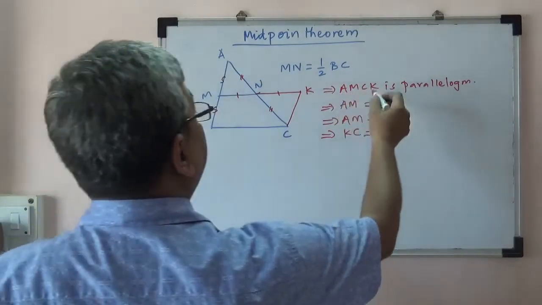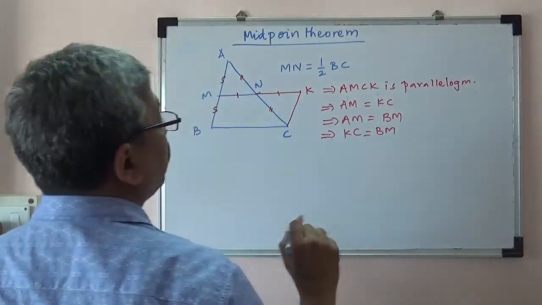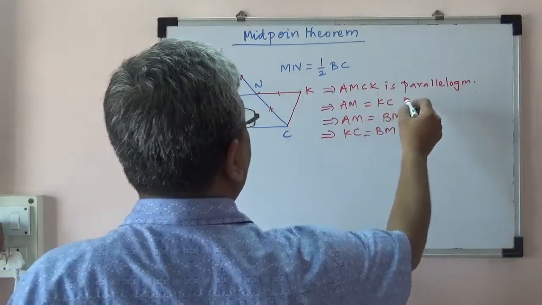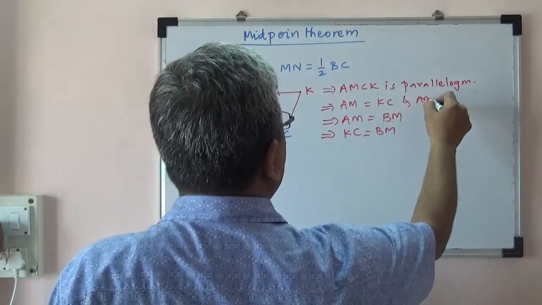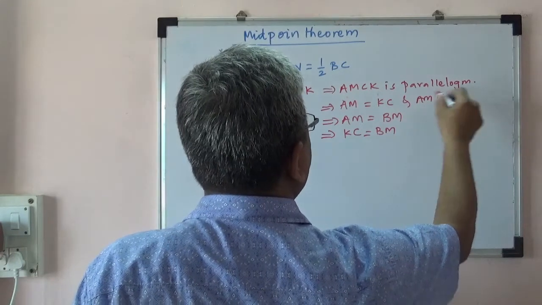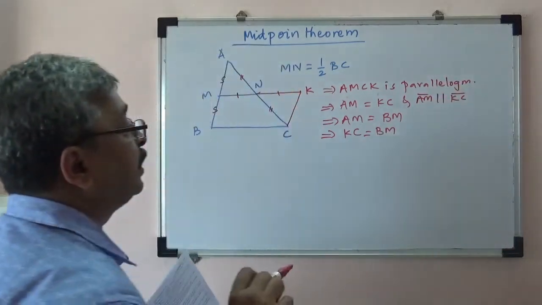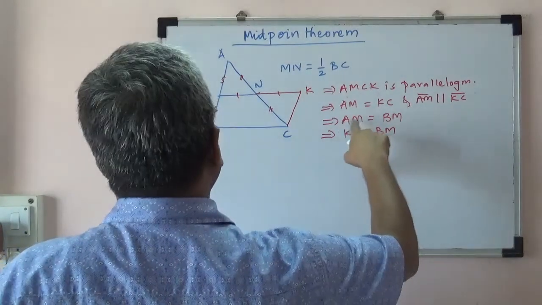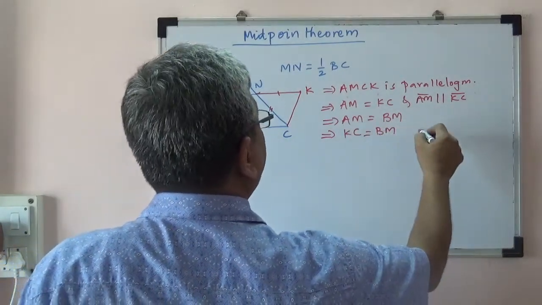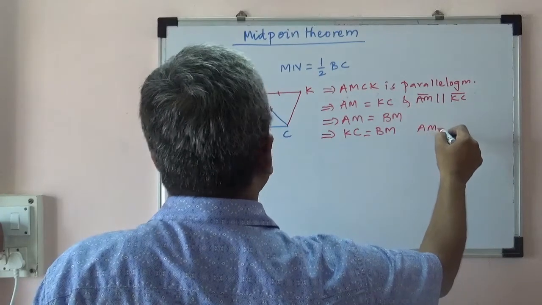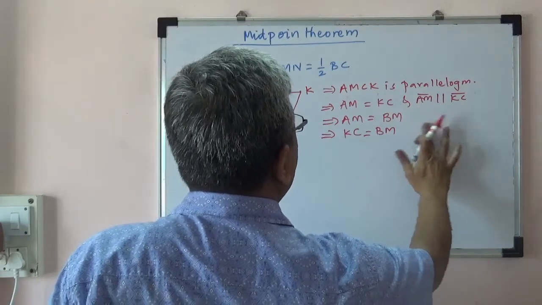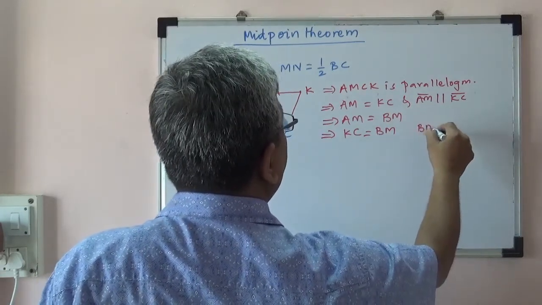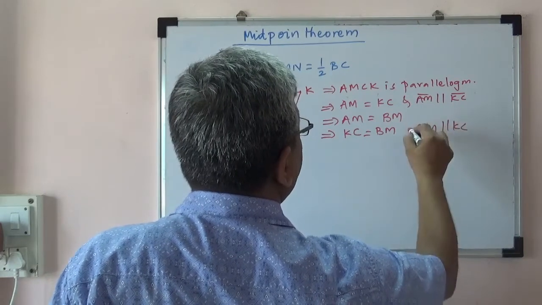Now, because AMCK is a parallelogram, AM equals CK and AM is parallel to KC. That is also available by definition. Now AM and BM are on one line, therefore BM is parallel to KC.